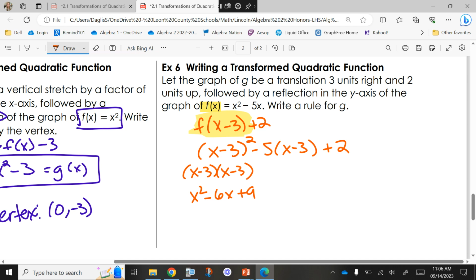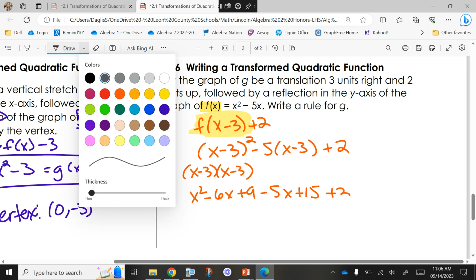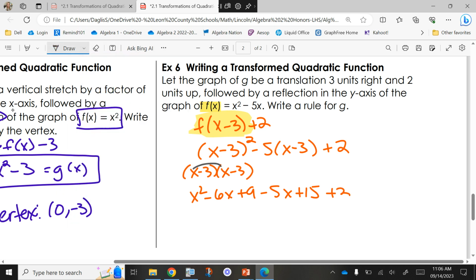Yes, no, maybe. We're okay. And then this guy becomes negative 5x plus 15 plus 2. So a lot of distribution just happened. X times negative 3, negative 3 times x, negative 3 times negative 3. And then over here I did negative 5 times x and negative 5 times negative 3.